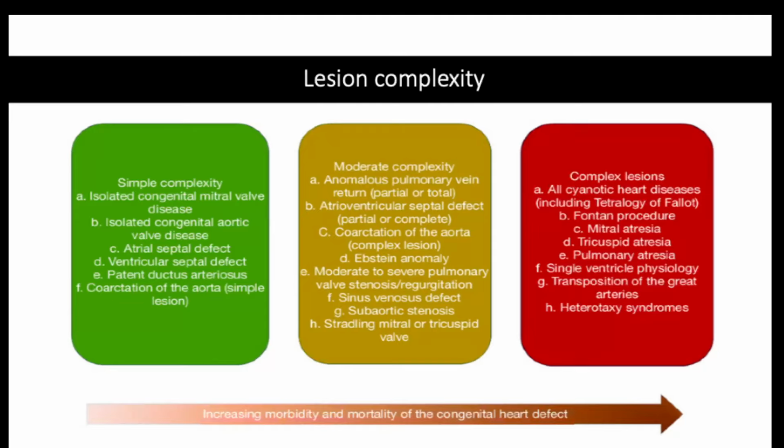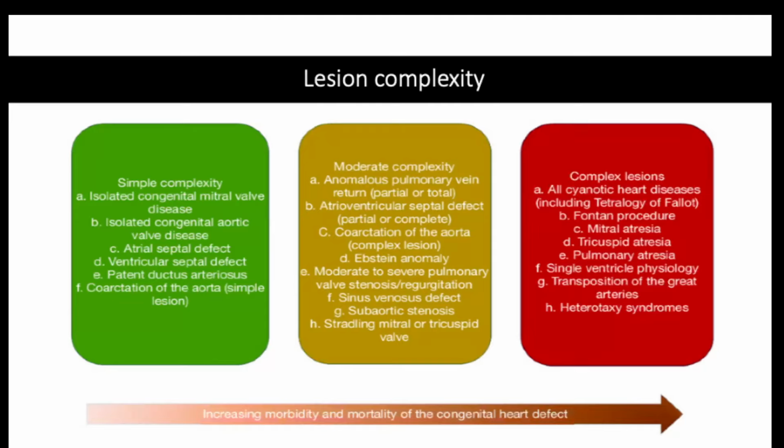So simple complexity is an isolated congenital mitral valve disease, isolated congenital aortic valve disease, an ASD, a VSD, a PDA, and a simple coarctation, where it's just one normal narrowing after the takeoff of the third branch of the aortic arch.